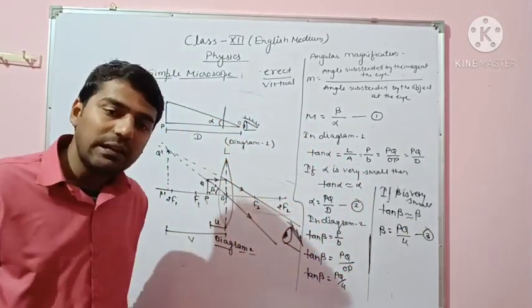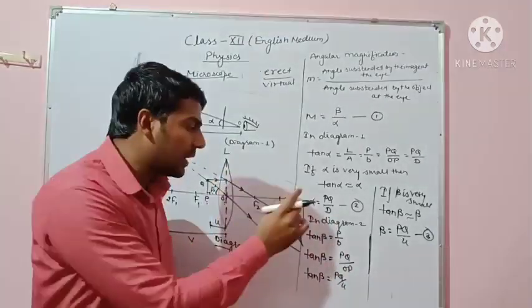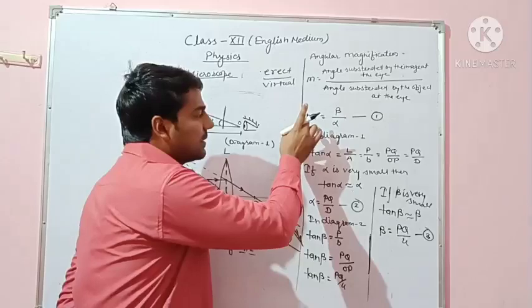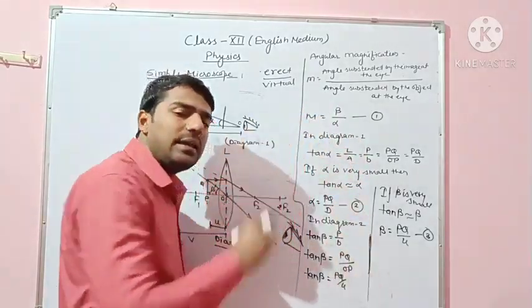We calculated the value of alpha and also the value of beta. In equation first, M equals beta upon alpha.